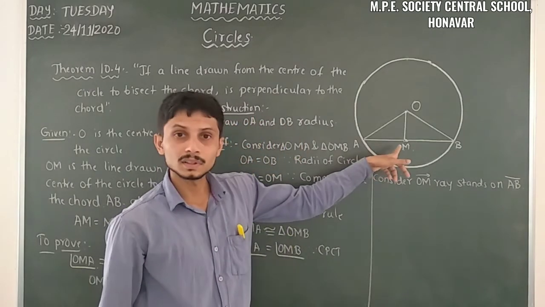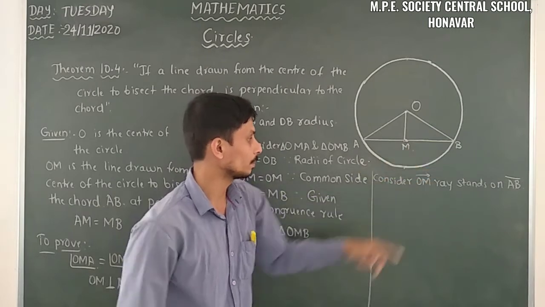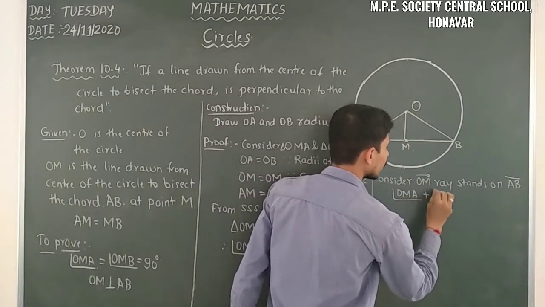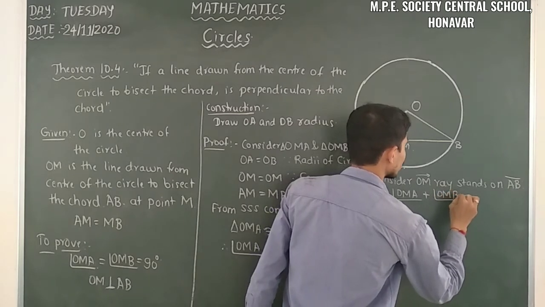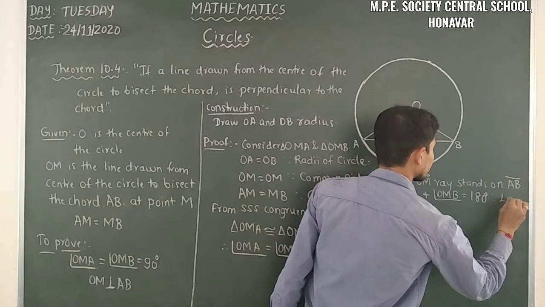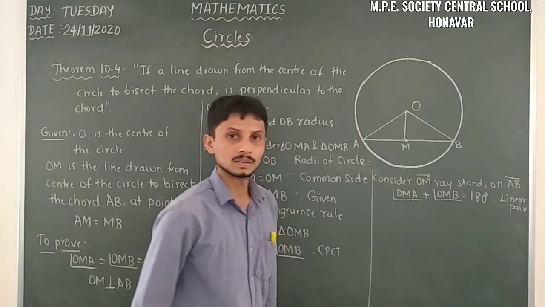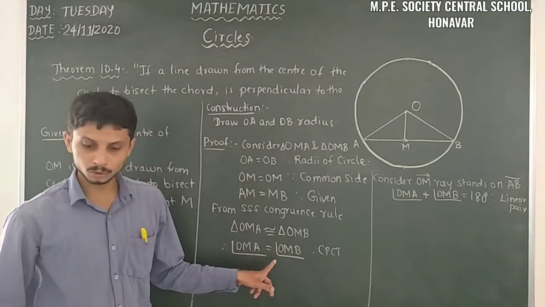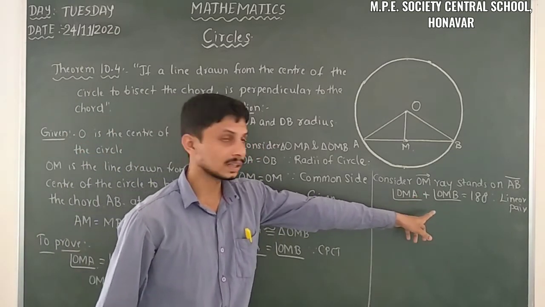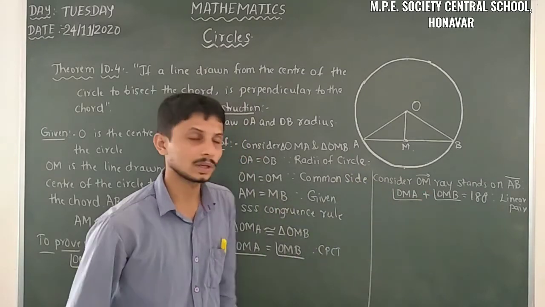Then the linear pair is angle OMA and angle OMB. Angle OMA plus angle OMB is equal to 180 degrees because it is a linear pair. Here we have angle OMA equal to angle OMB, so we can write one in place of the other.